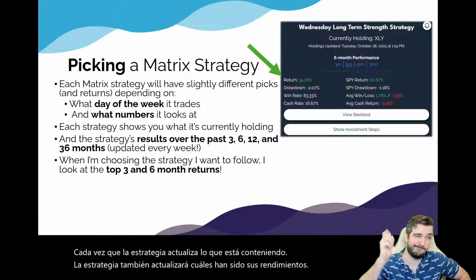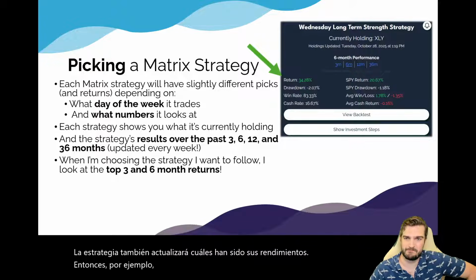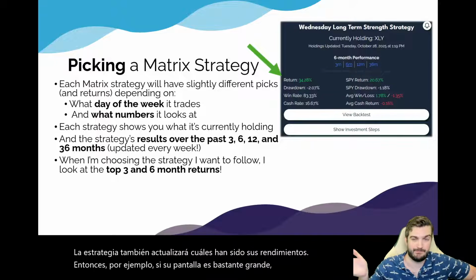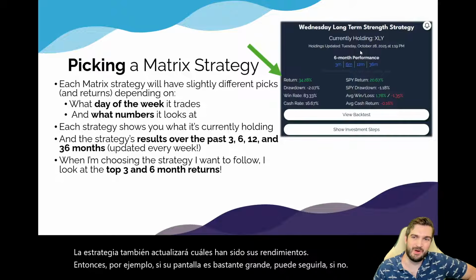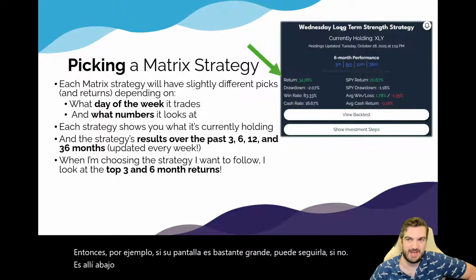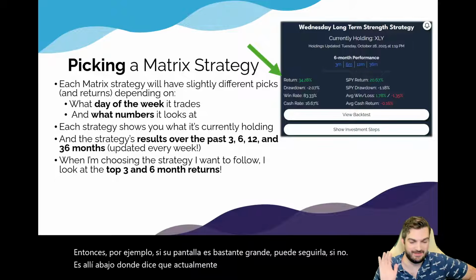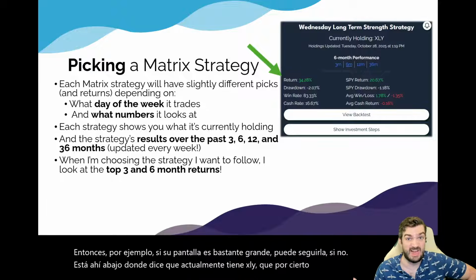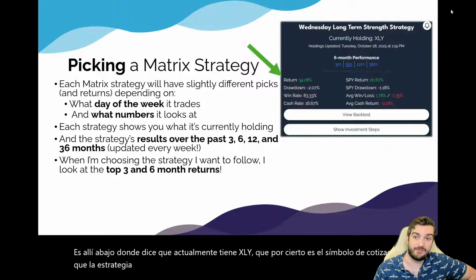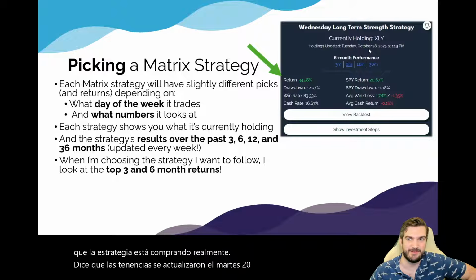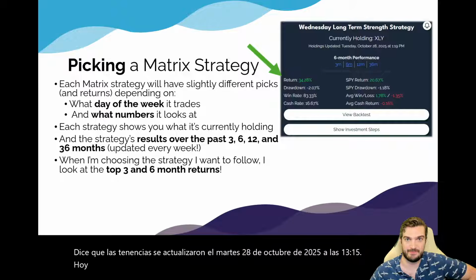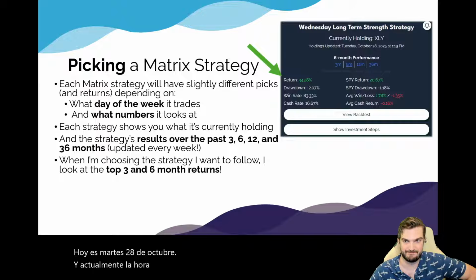Every time the strategy updates what it's holding, the strategy will also update what its returns have been. So for example, if your screen is pretty big, you can follow along. If not, it is there. Below where it's saying currently holding XLY, which by the way is the ticker symbol that the strategy is actually buying, it says holdings updated on Tuesday, October 28th, 2025 at 1:15 p.m. Today is Tuesday, October 28th, and currently Pacific time it is 4:11.